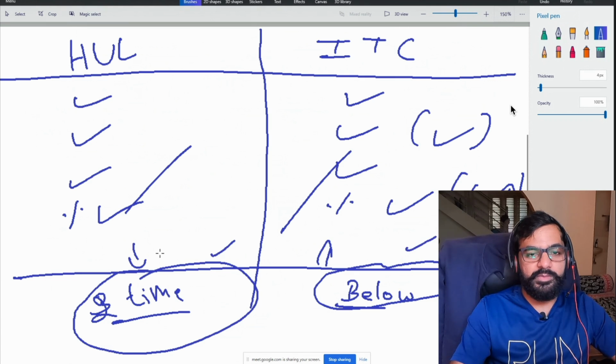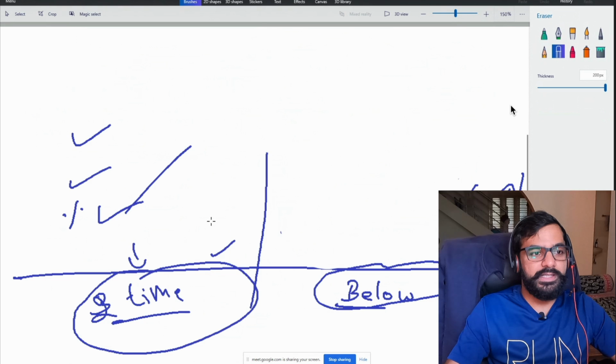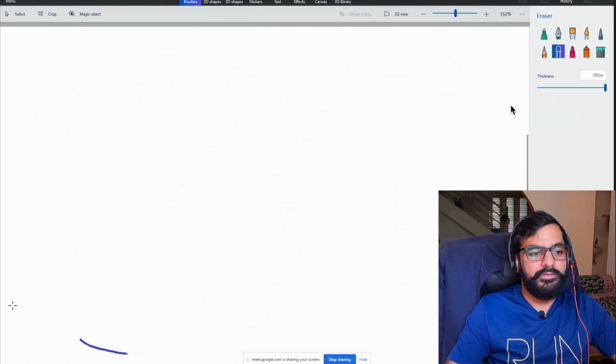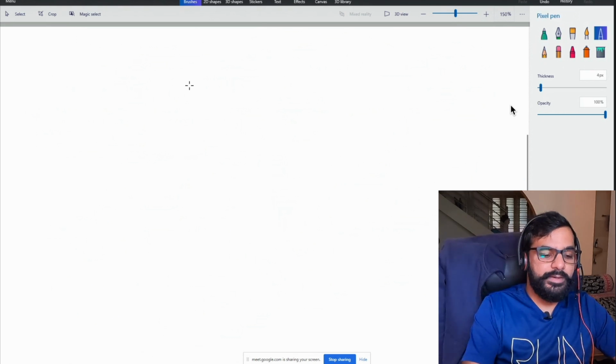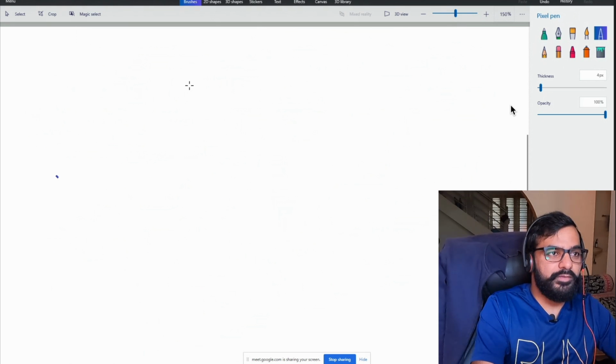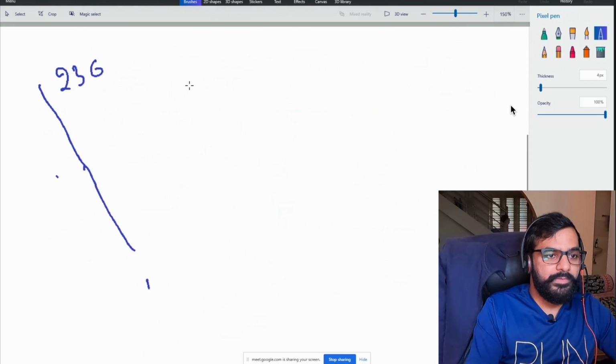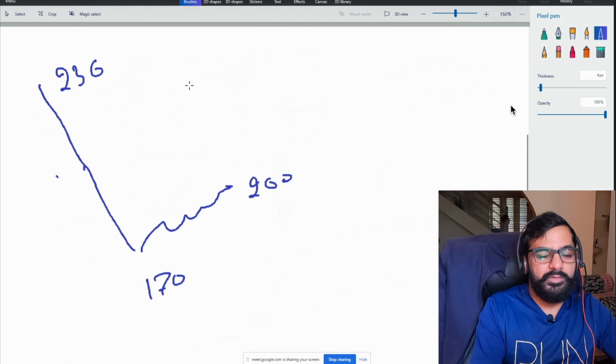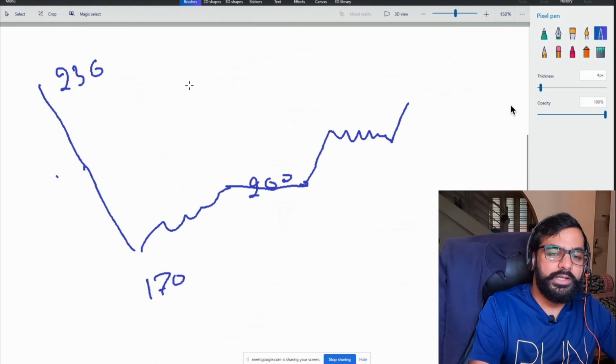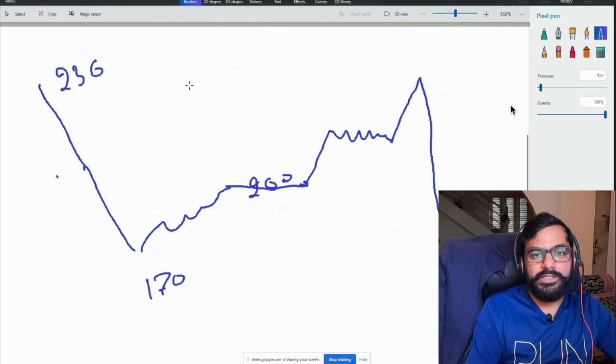But the problem with some of the companies is that we are very scared. If you go and see the ITC chart, what happens here? I think it fell from 230 or 240 to 170. Then it stayed around 200 for a month, then went to around 220, then to 230, and again fell down to 200, which is a very weird scenario.